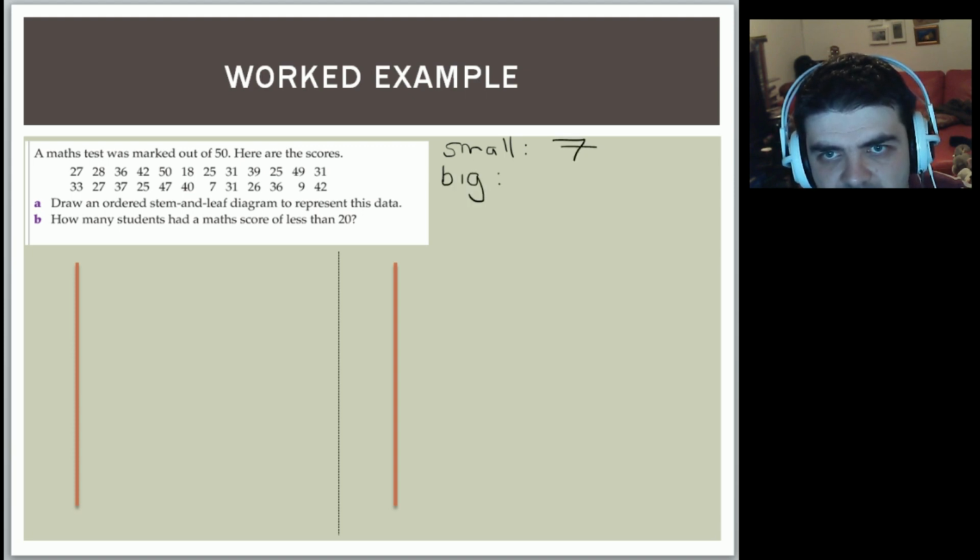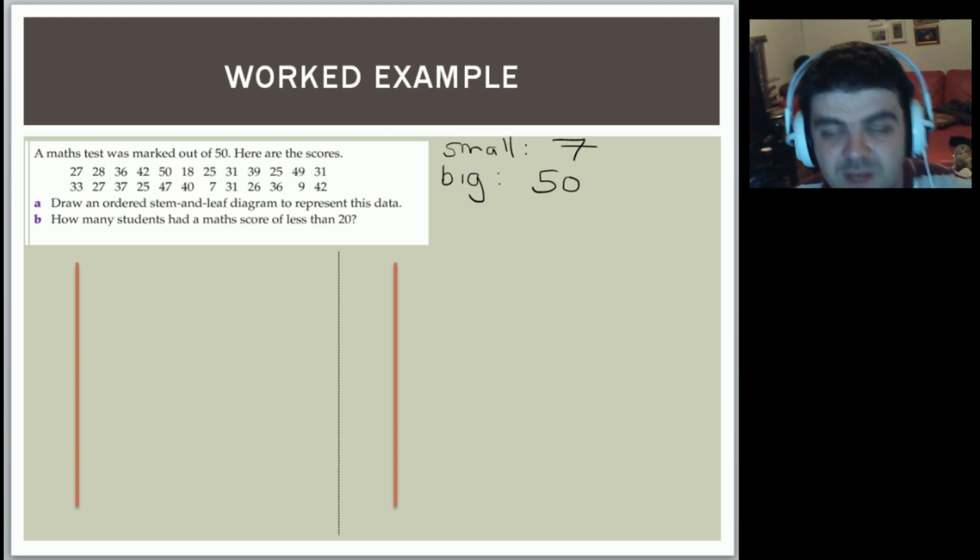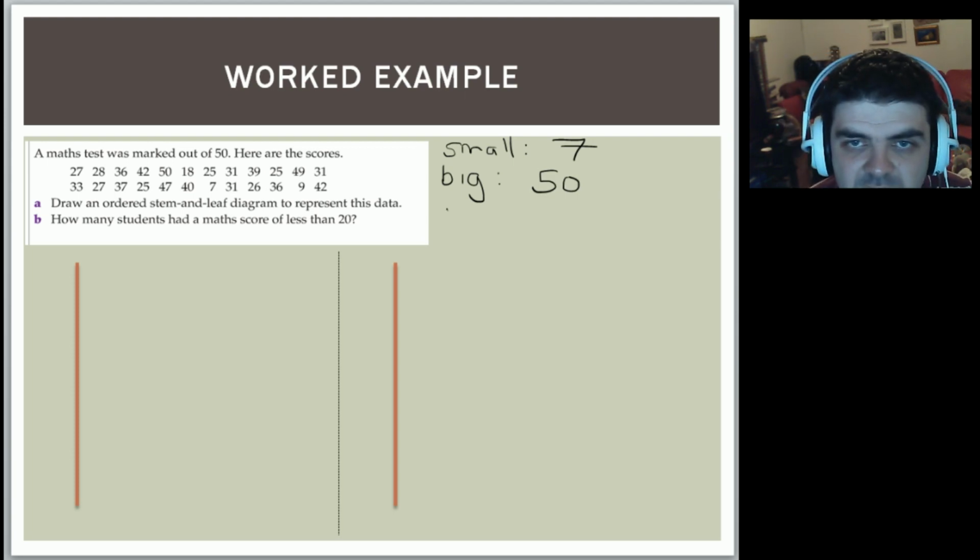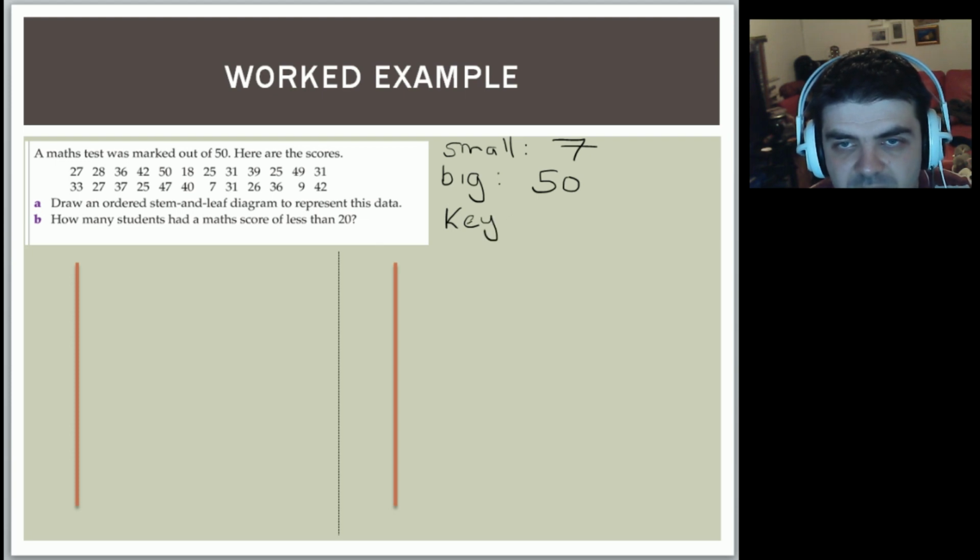What's the biggest value? The biggest value, if I look across, is 50 in the top line, and the bottom line there's no bigger, so the biggest value is 50. Okay, and that's our start. Now there's one other thing we need for every stem leaf diagram. Much like a pictogram or anything like that, we need a key.